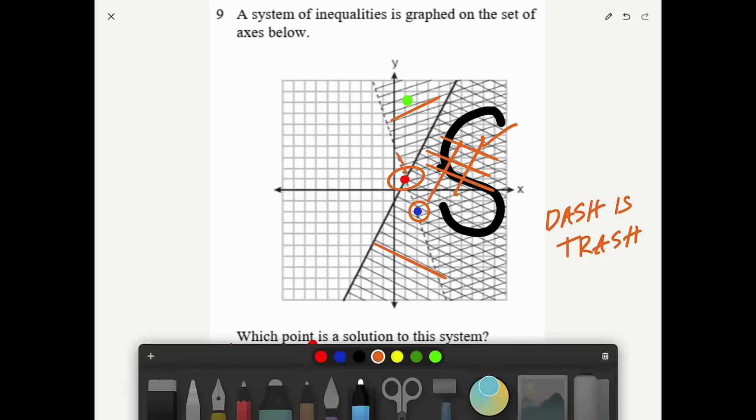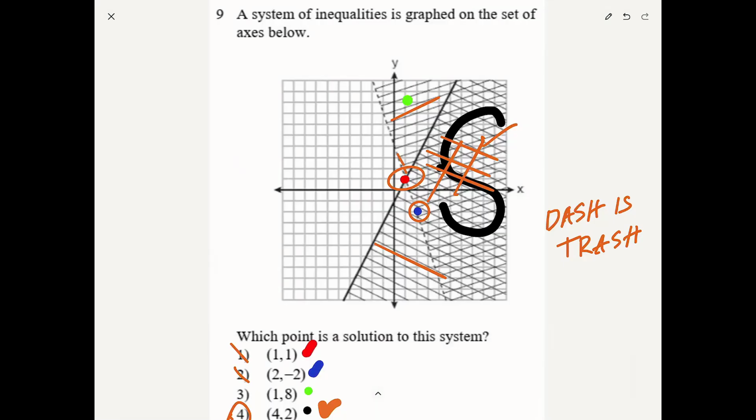I know this is probably more than you wanted, but if I had this point right here, that would be, let's see, 1, 2, 3, 4, 5, and 9. So this point right here is 5, 9. Now this would be in the solution set because even though it's on the boundary, it is a solid line.